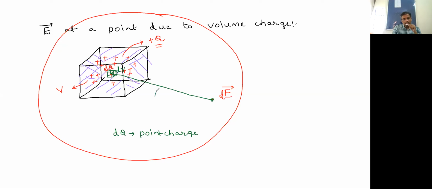Let us call this distance r, and because of that differential charge or point charge, I will be calculating the differential electric field intensity, and the unit vector will be in the direction of that. Now we have already got a formula that dE, the differential electric field intensity, is equal to dQ, the point charge, by 4 pi epsilon r square AR vector.